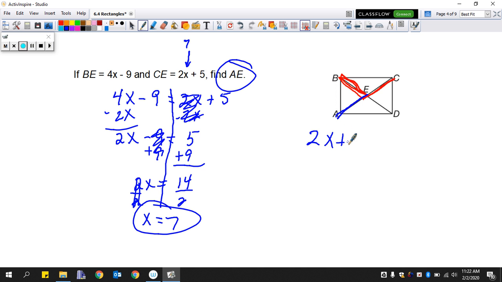So that's 2 times 7 plus 5. It's 14 plus 5, and so CE is equal to 19.